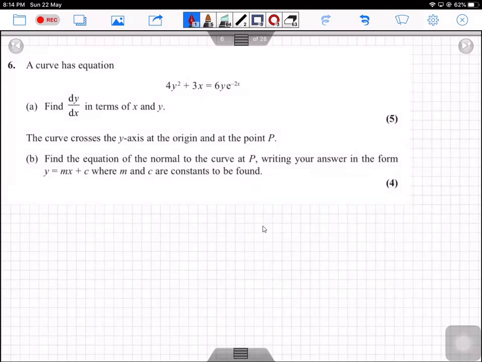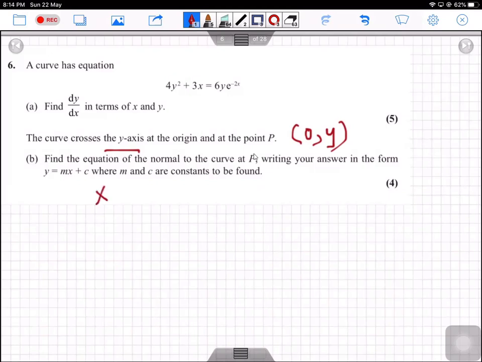Okay, so as we know, at the point P the curve crosses the y-axis. Obviously, the x coordinate will be equal to 0. So we can say that the coordinate of P is in the form 0 comma y.